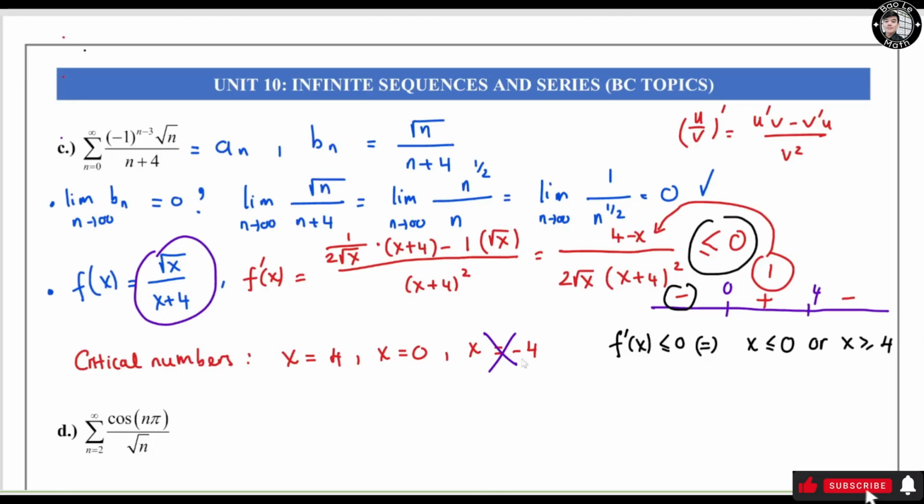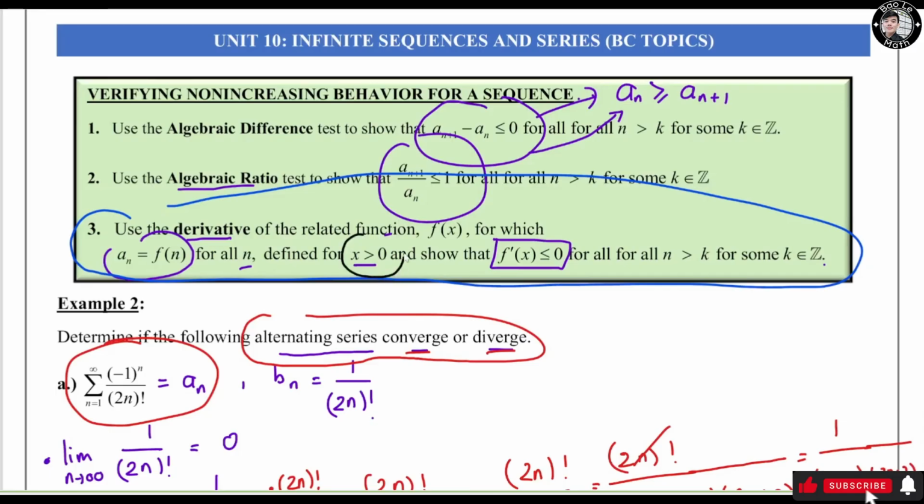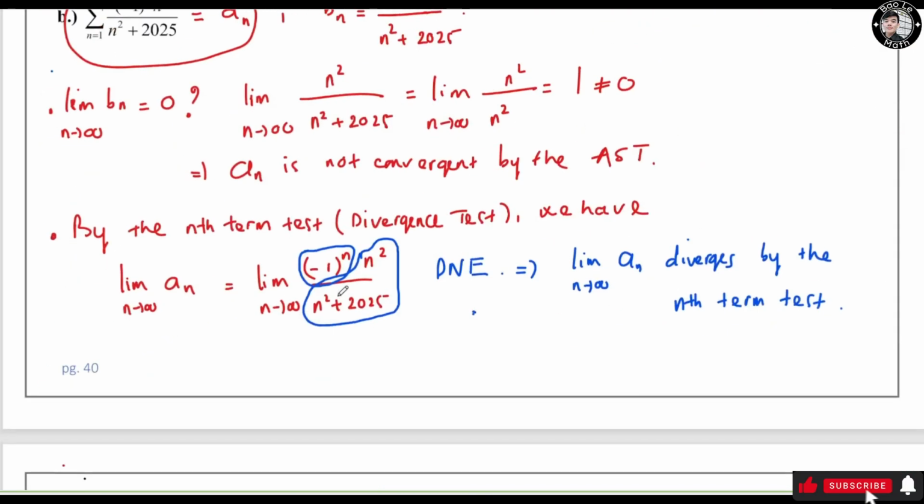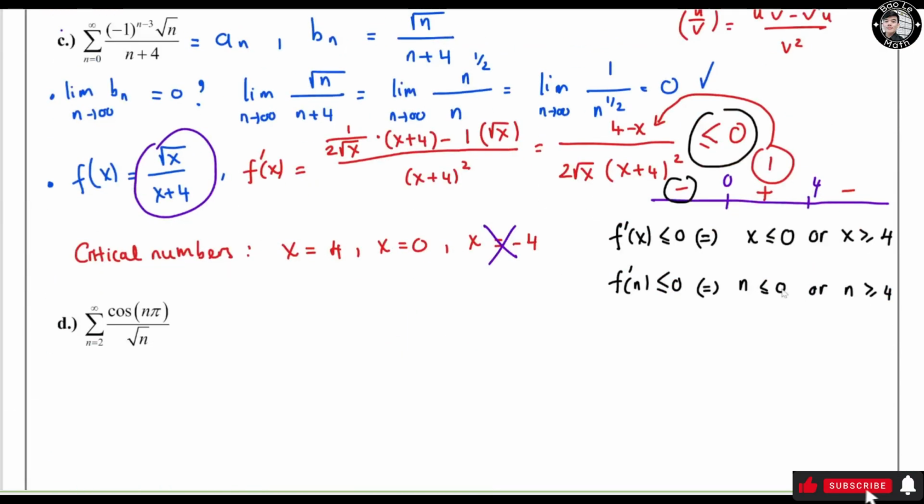Now we're going to go back to the original series. We're going to replace s with n, so we have f prime of n less than or equal to 0 if n is less than or equal to 0 or n is greater than or equal to 4. n must be greater than 0, for some n greater than k, so we can eliminate this one.